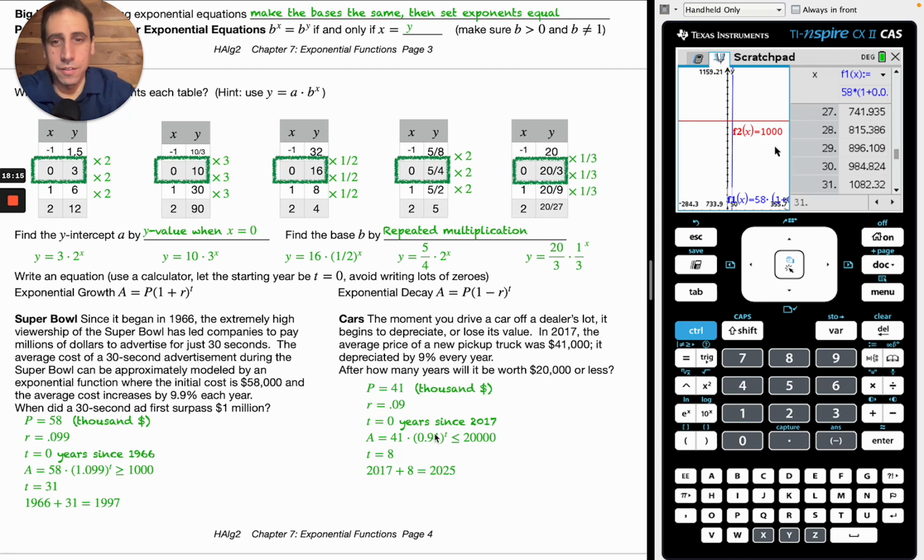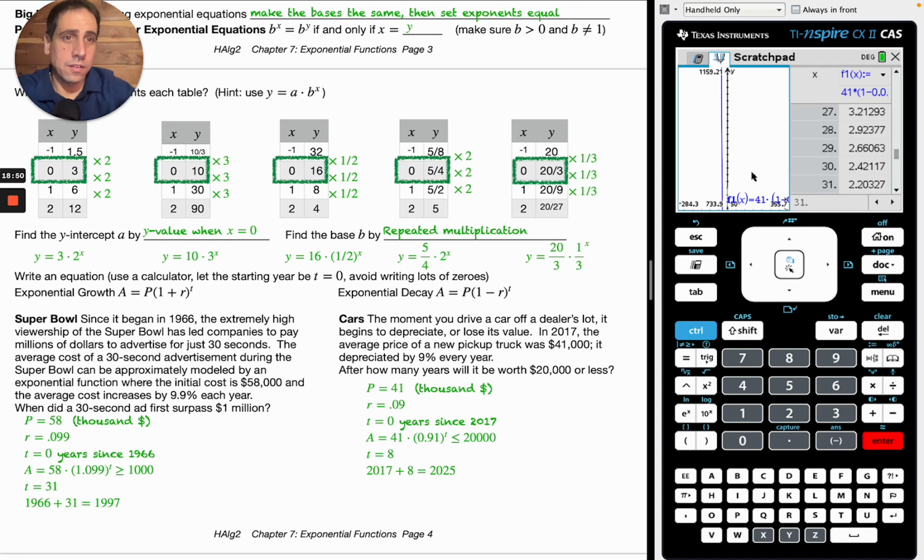So to find the answer to that, I'm going to press tab. Let's see, this needs to be $20,000, enter, and then we're going to press tab, and this needs to be 41, and then this is going to be minus 1 minus 0.09, enter.